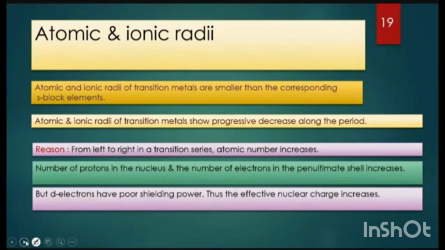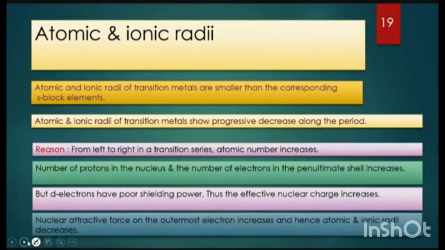That means the electrons present in the d orbital cannot overcome the force of attraction exerted by the nucleus. In other words, these electrons are under the influence of the force of attraction exerted by the nucleus, which we call effective nuclear charge, which increases because of the poor shielding power of electrons present in the d orbital.